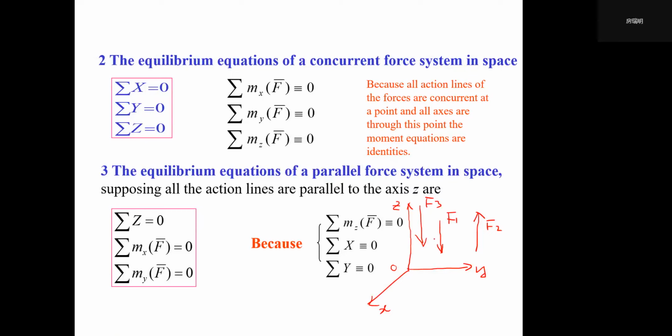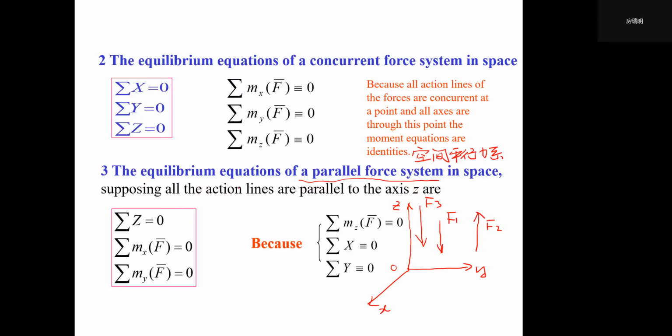So this is the kind of force system we call a parallel force system in space, in Chinese 空间平行力系, you know, 空间平行力系. So supposing all the action lines are parallel to axis Z, just like this picture, you see?